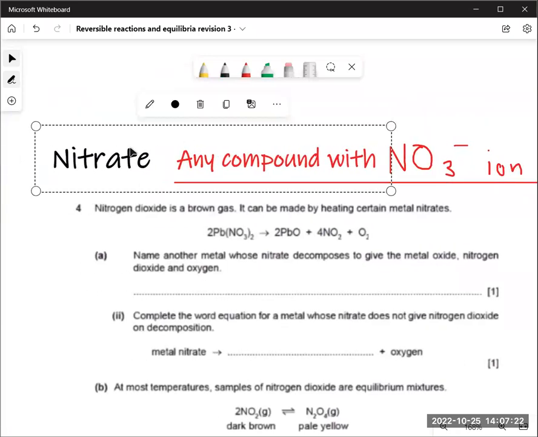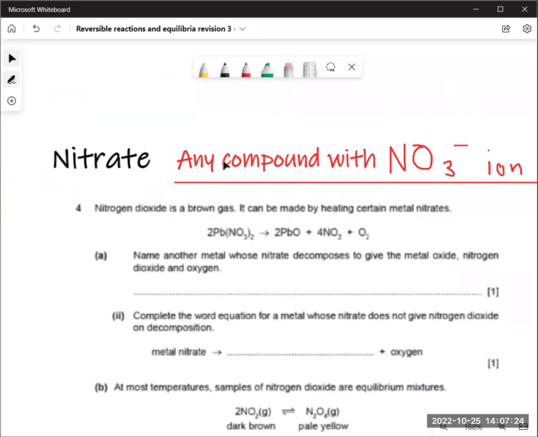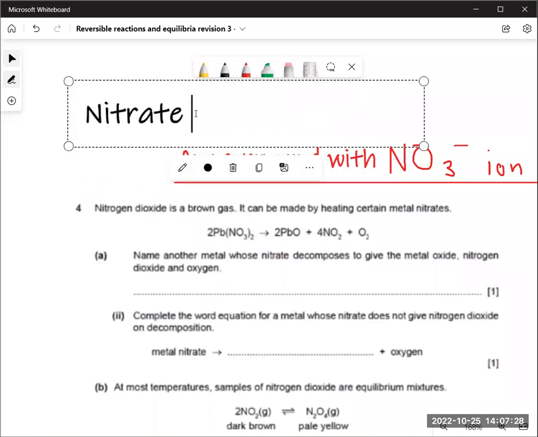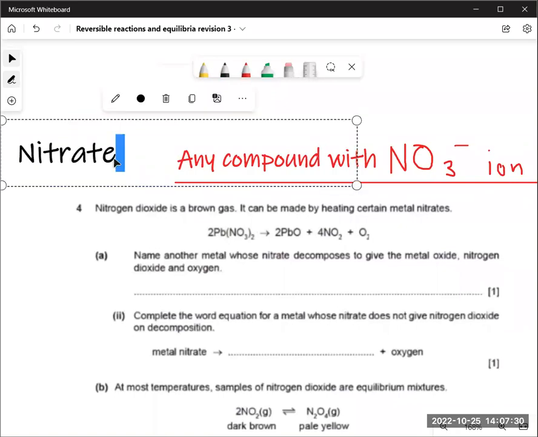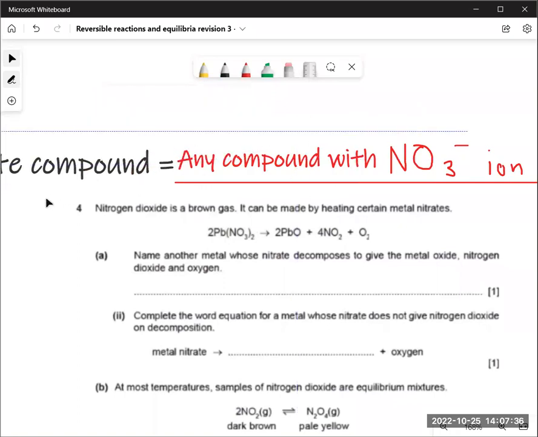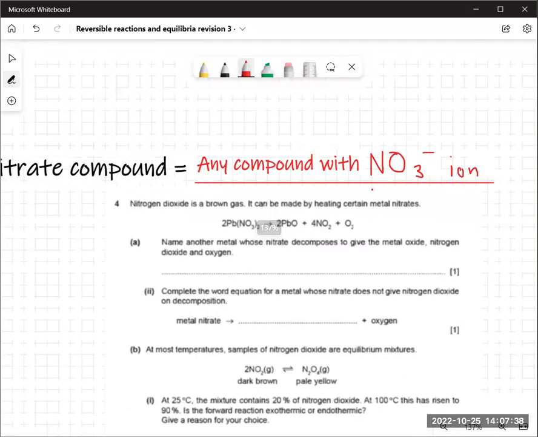By the way, we'll just see what a nitrate means. So a nitrate compound is any compound with nitrate ions. The nitrate ion is NO3 minus.